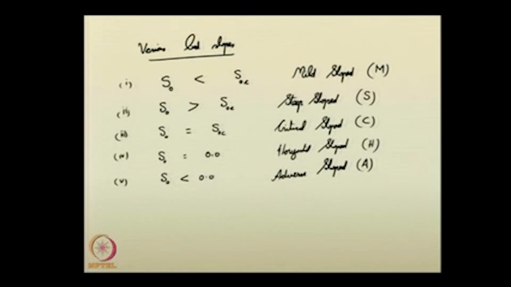Now these bed conditions are given, and for any given flow situation, one can easily identify 3 zones. Say this is your channel bed, and for the given discharge, if this is the critical depth, then for the considerable reach you can draw the critical depth line.